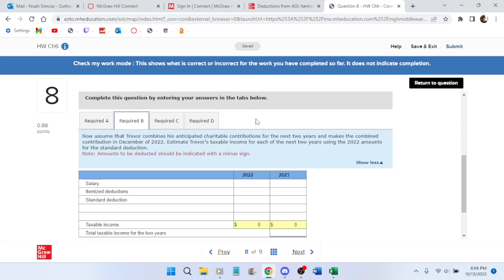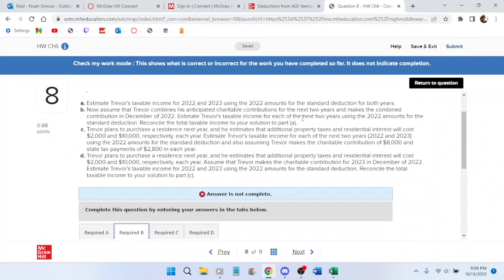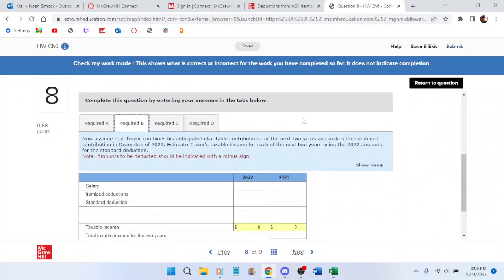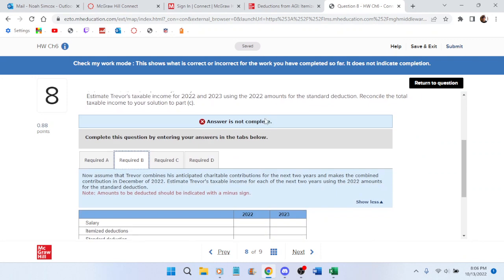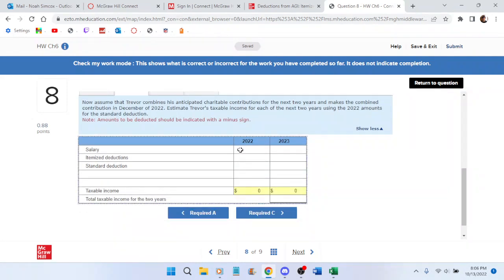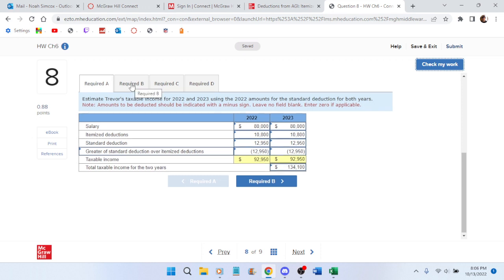Now he combines his charitable contributions for the next 2 years and makes the combined contribution in December of 2022. Therefore, it will be both in 2022 instead. So basically what he does is do both of them in that year. So this is the same.